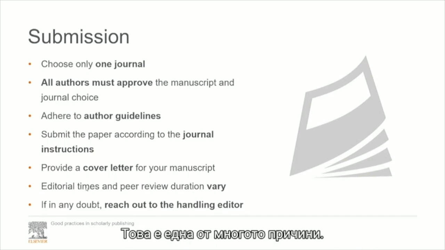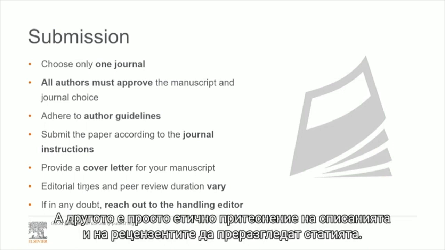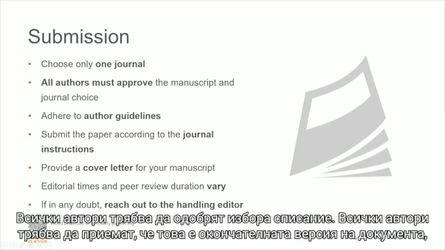That's one of very many reasons why not more than one journal. And the other one is simply unethical to bother 2 journals with their reviewers to actually review your paper.